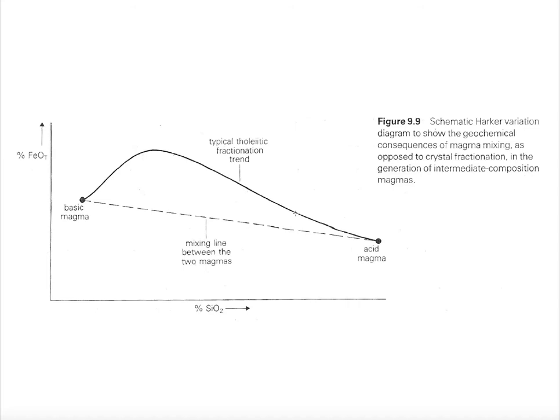Then our residual magma becomes always more enriched in SiO2 and depleted in magnesium, and therefore the composition changes. You should know this by now. Or we can have just a mixing between the two magmas. We have a basic magma and an acid magma, and then we mix them up. A lot of things are possible here.